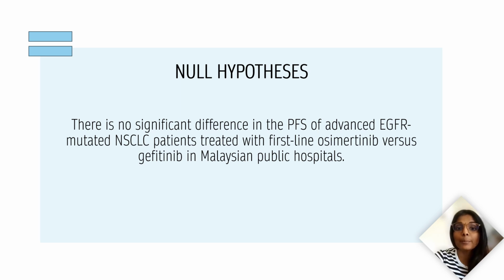Moving on, the null hypothesis this study is attempting to reject is that there is no significant difference in the progression-free survival of advanced EGFR-mutated NSCLC patients treated with first-line osimertinib versus gefitinib in the Malaysian public hospitals.